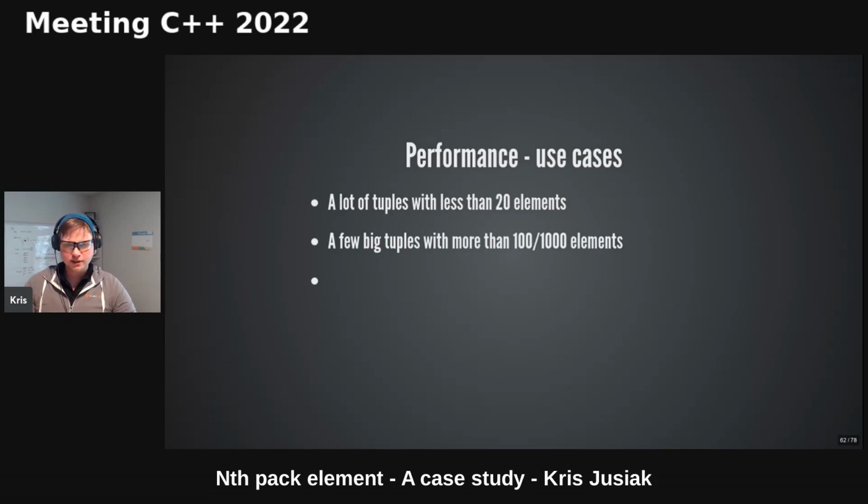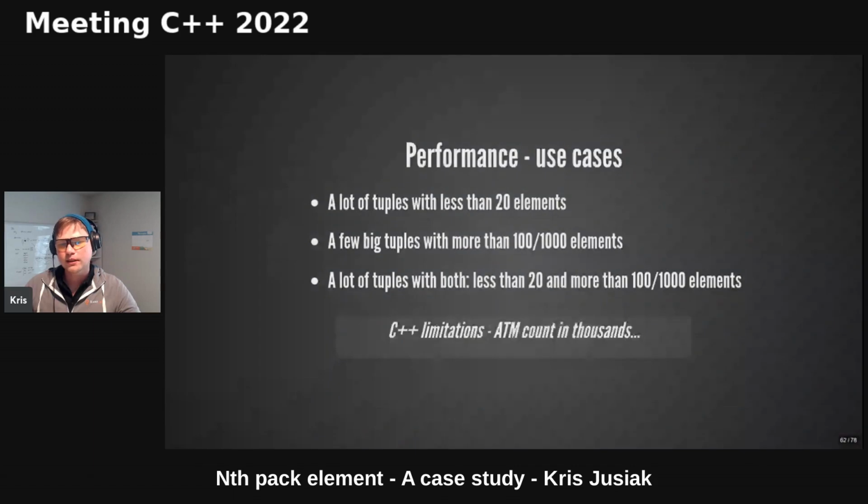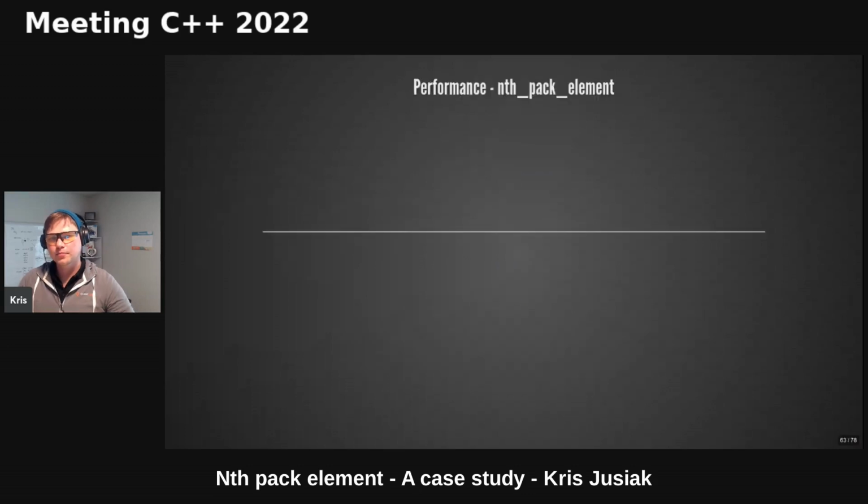The second is often applied in HFT because we have a lot of types which we want to parse, and we will have a lot of big tuples. So we care about compilation times. C++ limitations at the moment are counting in thousands, so we cannot have tuples of a million elements, which some may imagine, some may not.